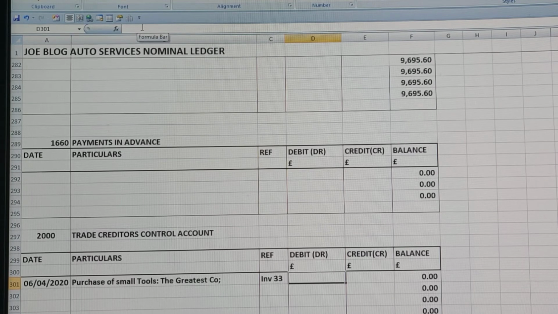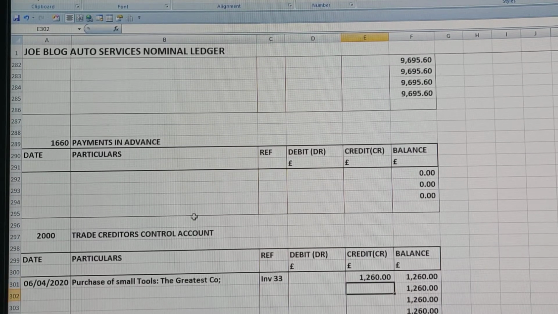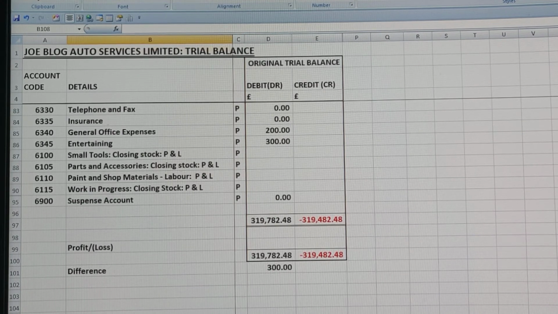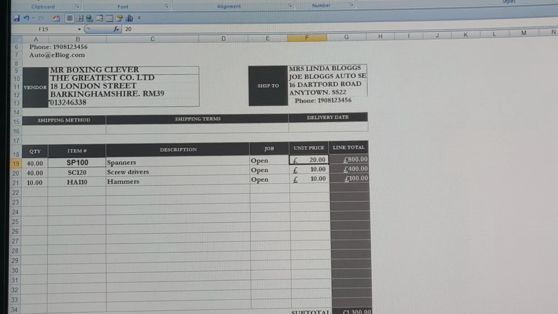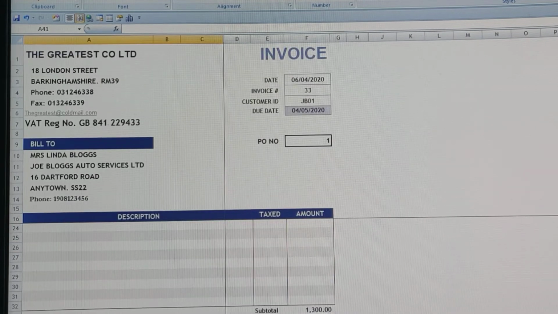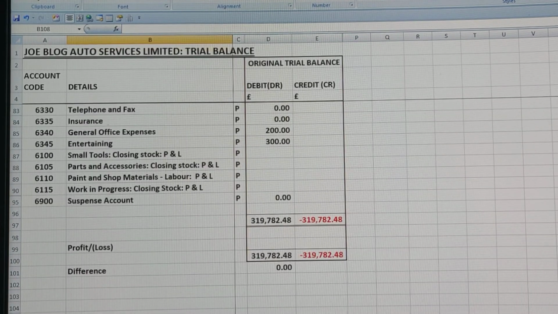So the total amount inclusive of VAT is what we owe, and that is 1260. And the trial balance, oops, we are out of balance now. So let me see why. Oh, it's 1560, not 1260. I got that one wrong. That's why we're out of balance. 1560 is the total amount inclusive of VAT, which is the liability here. So the trial balance has balanced.